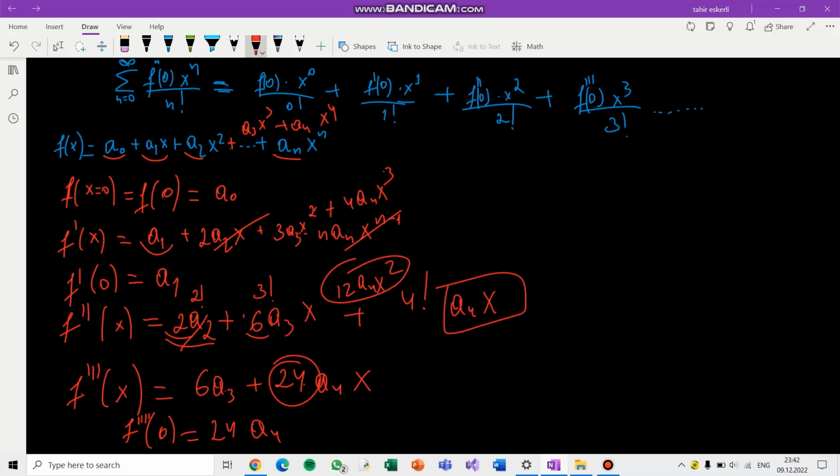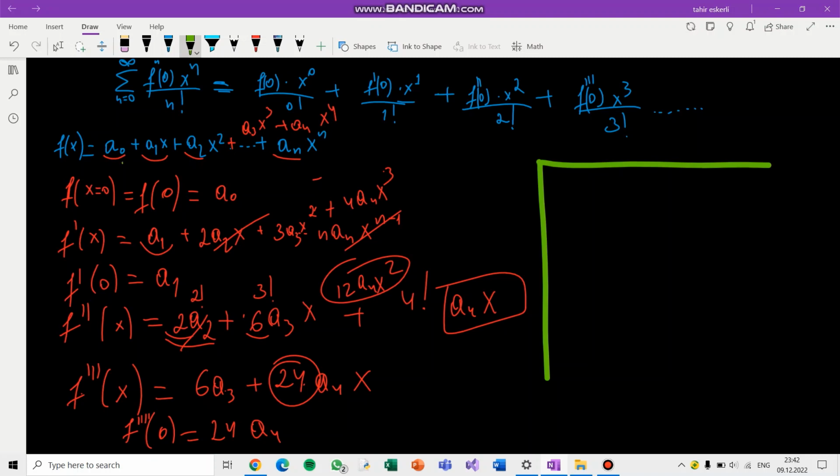Let's try to write our final formula in terms of what we found here. Let me change the color of this pen and write our final suggestion. Let's write what we have here. a0.